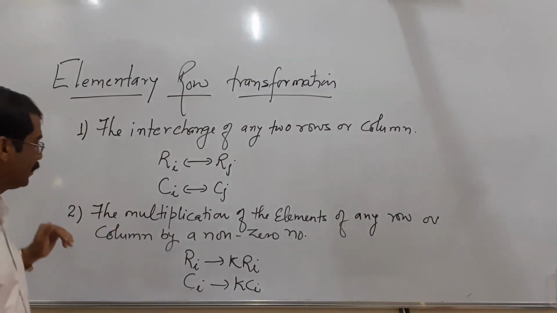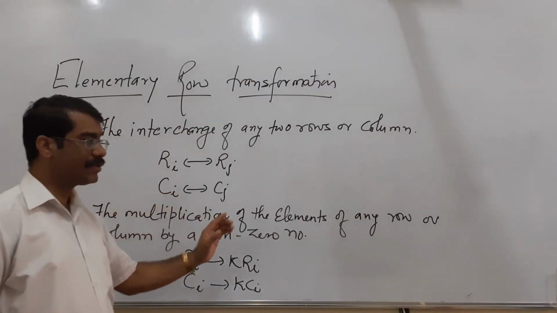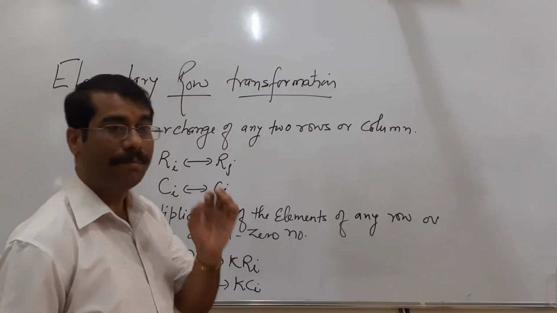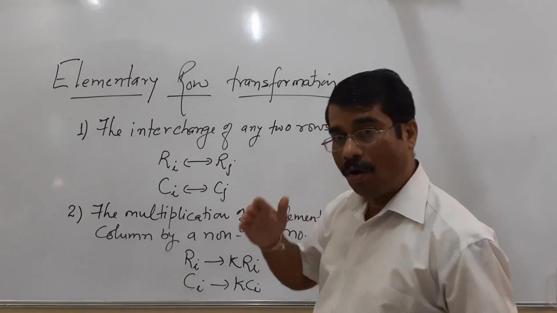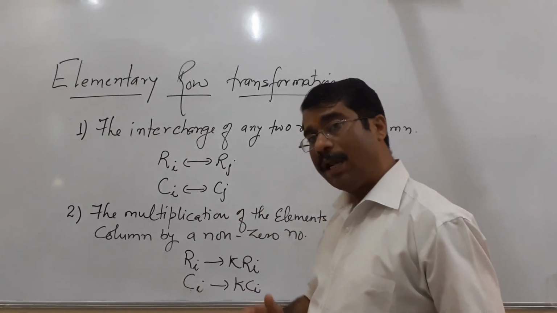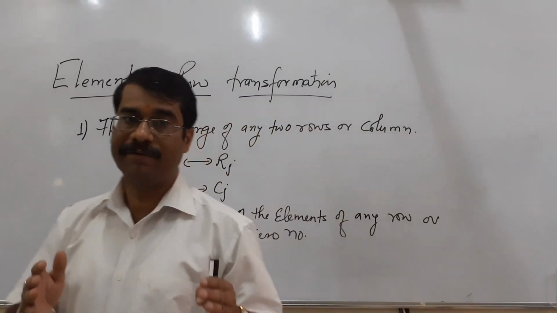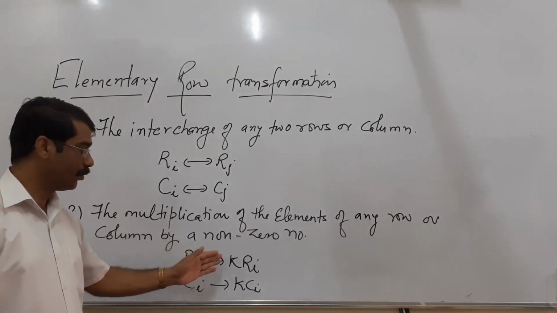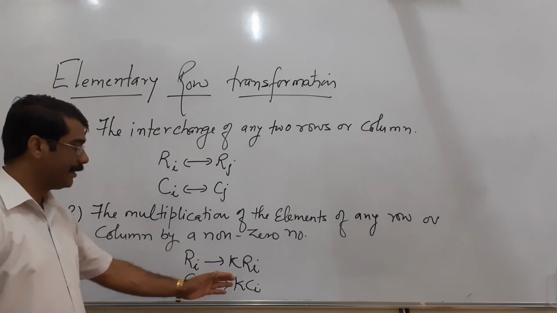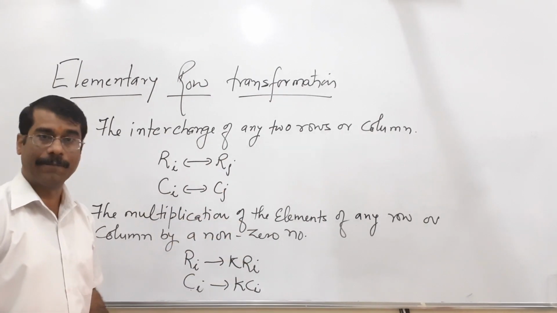And the second operation is the multiplication of the elements of any row or a column by a non-zero number. That means we can multiply all elements of any row or a column of a matrix like this: Ri tends to k times of Ri, and Ci tends to k times of Ci.